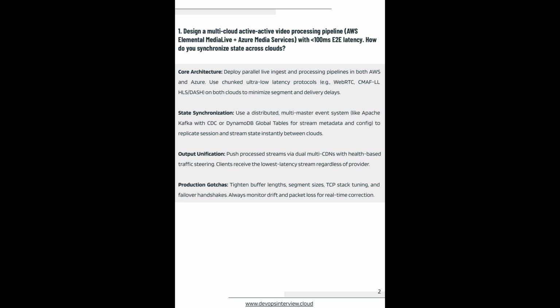Because both clouds are constantly writing and reading updates bidirectionally, they always have the current state. When a failure happens, the other side is already running, already has the latest information. There's no delay waiting for a passive system to spin up or catch up. Active-passive systems would have a noticeable delay during failover, maybe seconds, maybe longer. In ultra-low latency scenarios, that's unacceptable. This symmetric, always-on approach eliminates that.